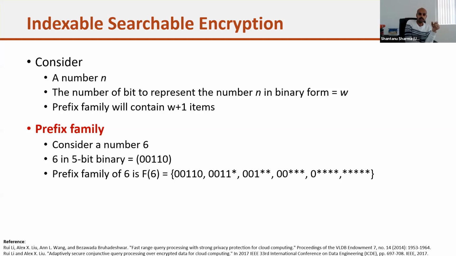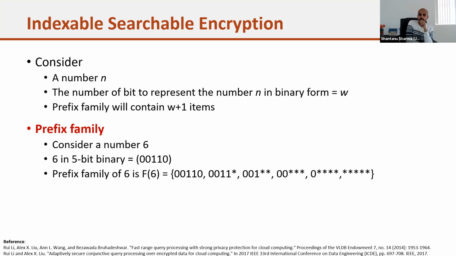Let's say the number is 6, and I want to store the number 6 in 5-bit binary. The representation is 00110 in binary for 6. Now I need to create the prefix family of 6. When I create the prefix family, if I start skipping the least significant bit, it can cover the entire value.